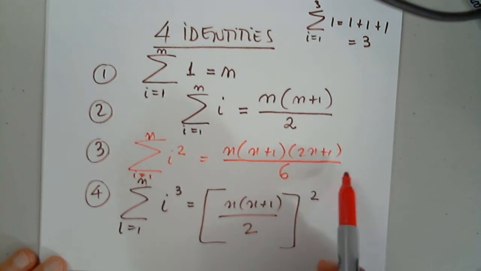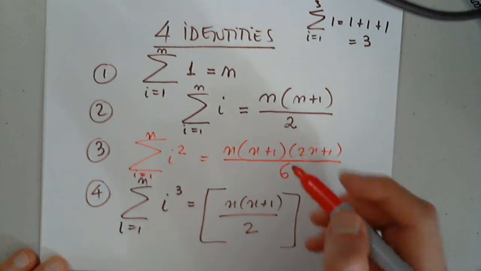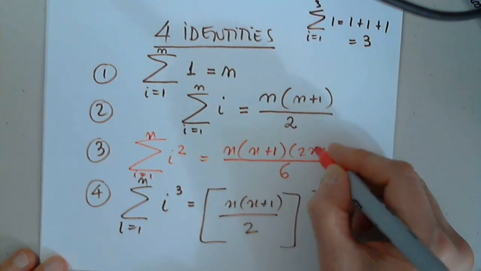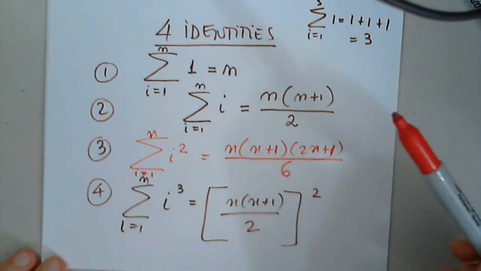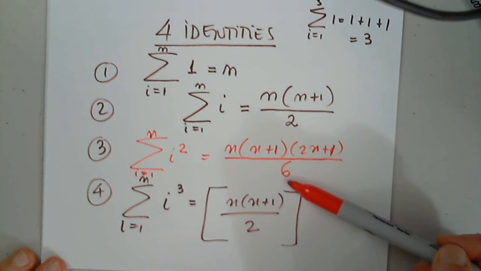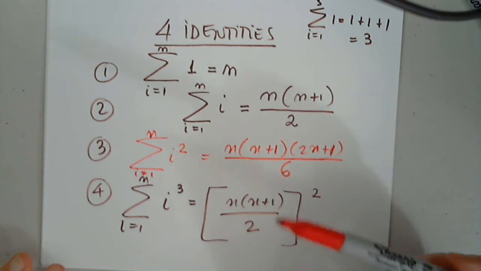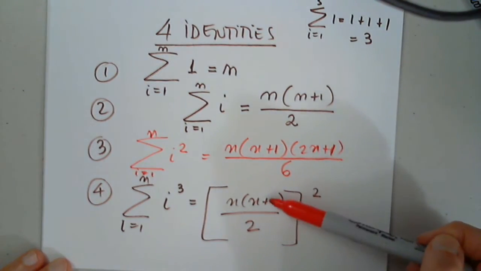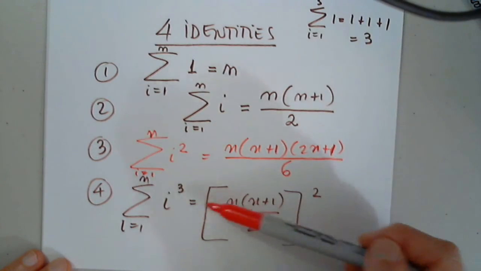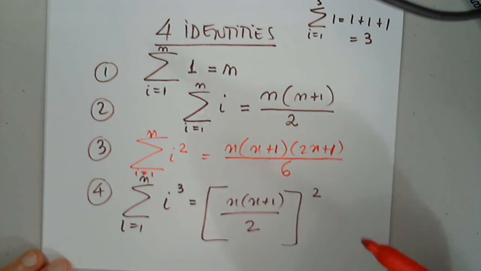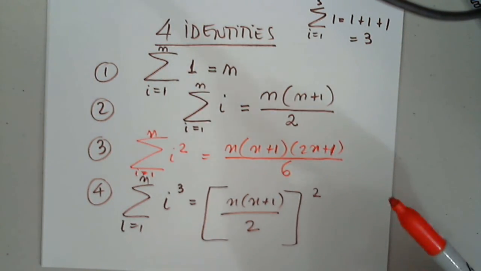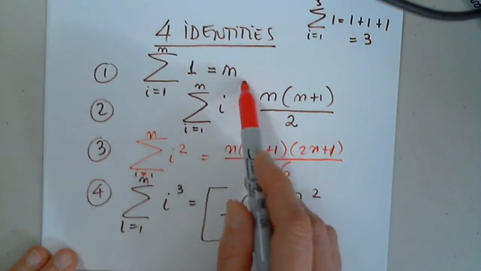So this is the only one that is different. It has 3 factors and 6 in the denominator. But these 2 are identical, sort of, right? Just the I to the 3rd has power 2. The sum of I is just n times n plus 1 over 2. And this is obvious.